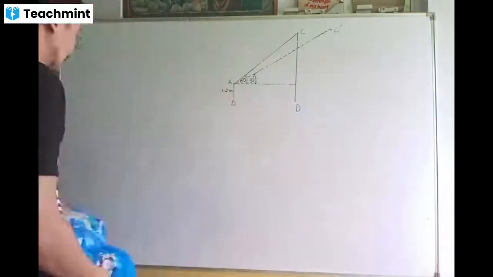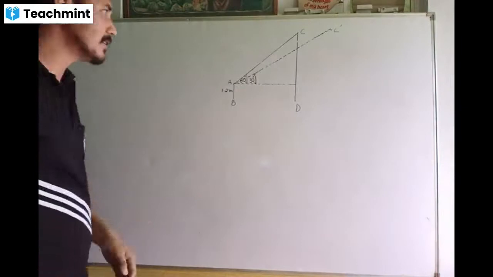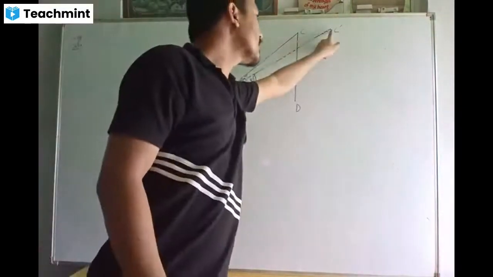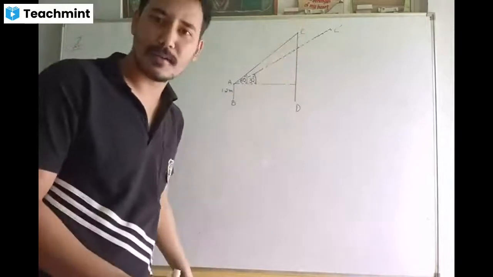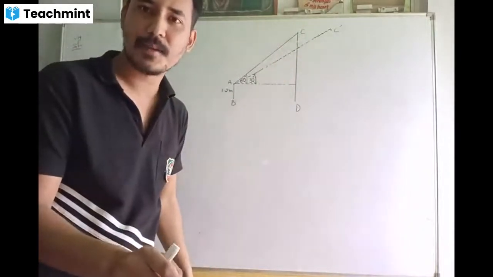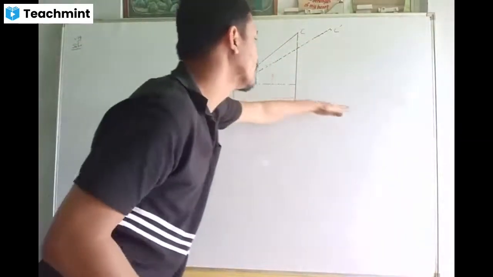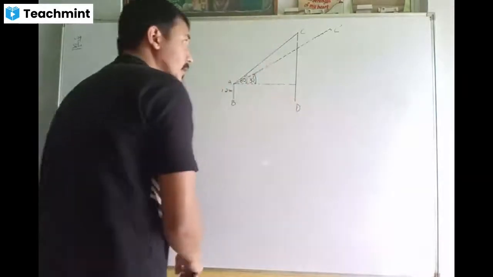Now, if the balloon flies horizontally, the distance of the balloon from the ground will always remain the same. Height of the balloon from the ground will always remain the same. This is the ground level. Let me draw the ground.